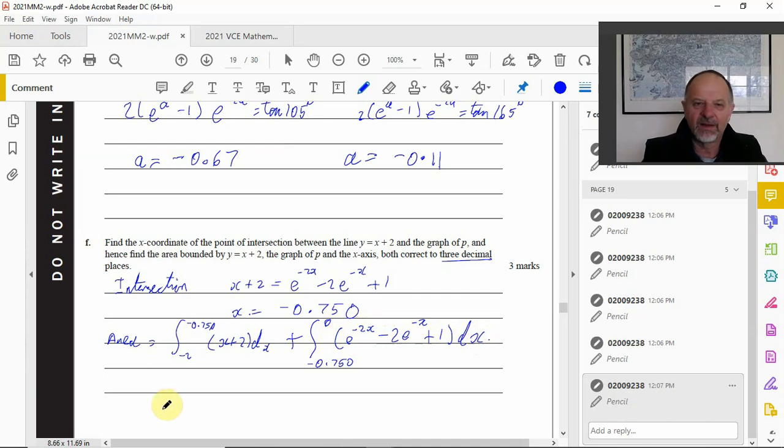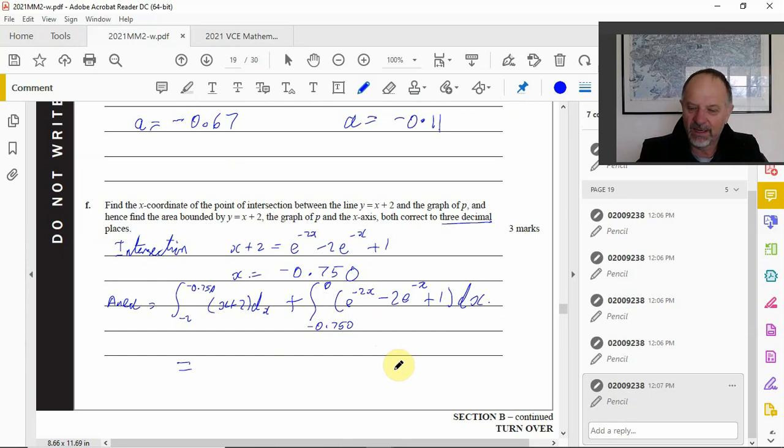And we'll get our calculator to do all of that. I'm not going to do all of that by hand. We get our calculator to do that, and then we get 1.038 correct to 3 decimal places. All right, so that's the end of that question.